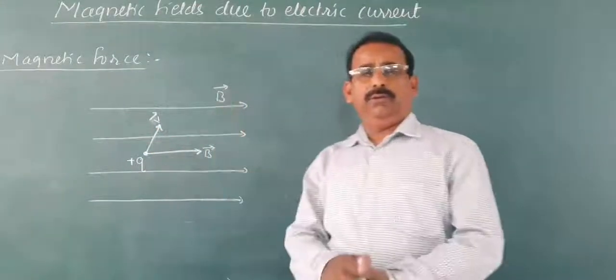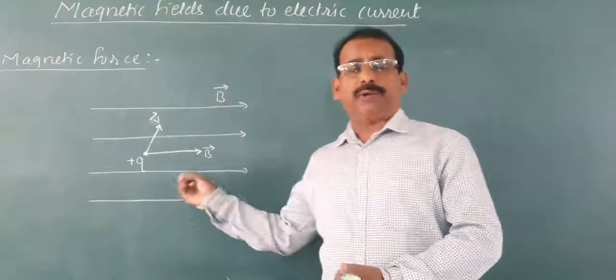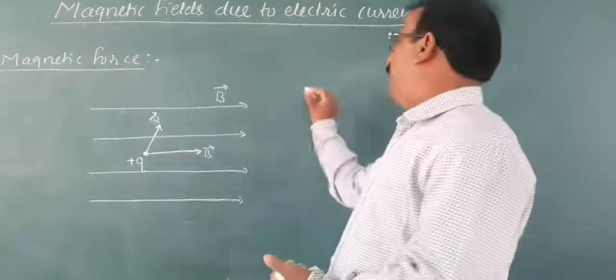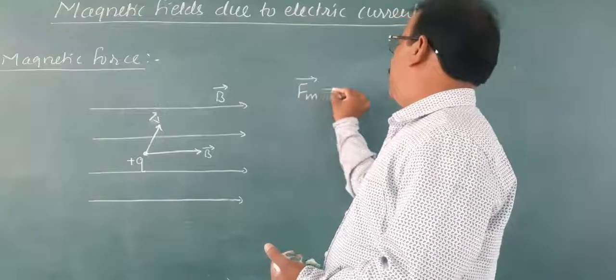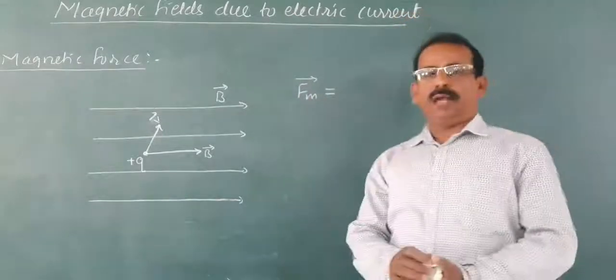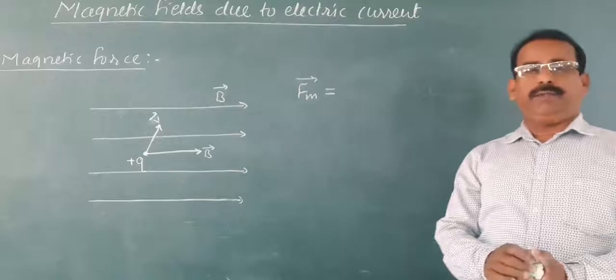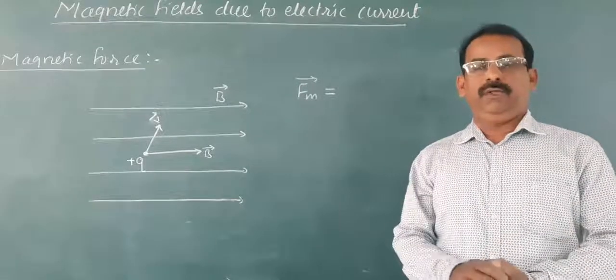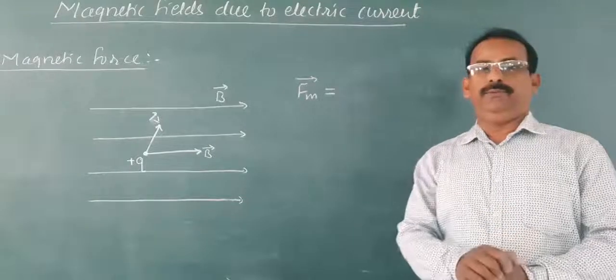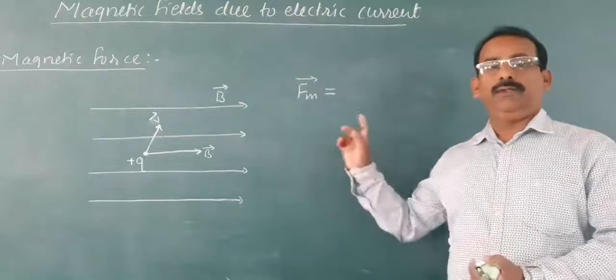Here, the magnetic force acting on this electric charge is denoted by Fm, M for magnetic, vector Fm.